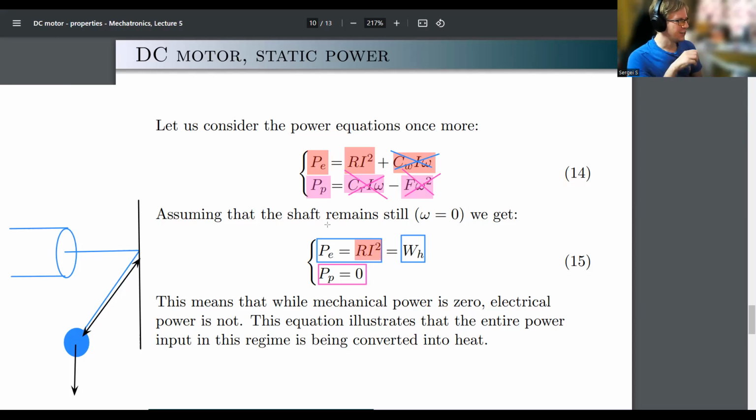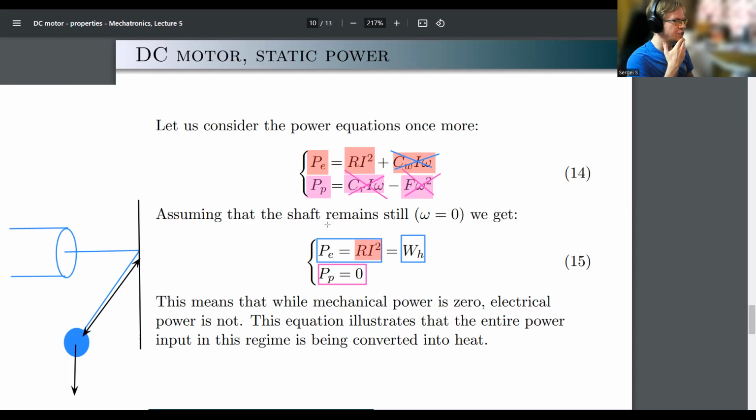So when the motor sits in this regime, it will spend its entire electrical power to generate heat. And the heat will have to be dissipated. If you don't dissipate it, you heat up the motor and it will break eventually. And efficiency is 0. Everything is dissipated to heat.